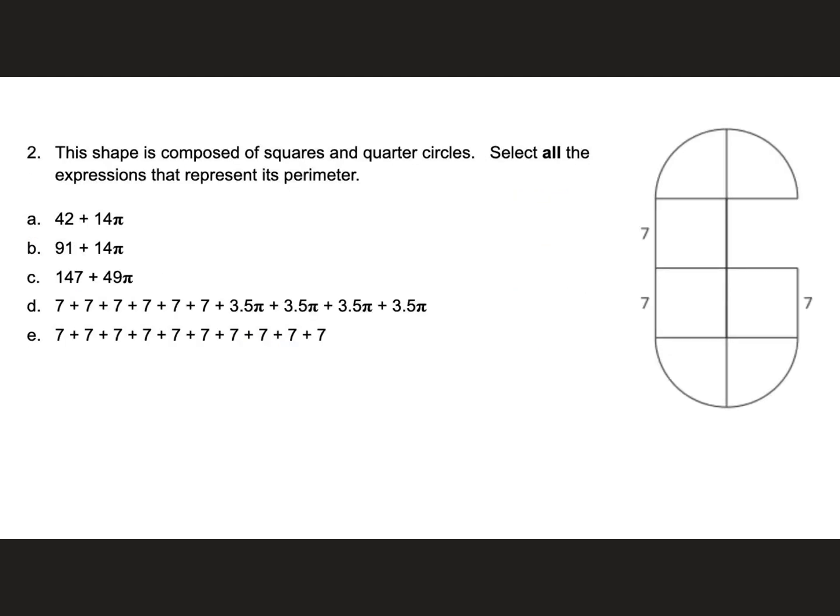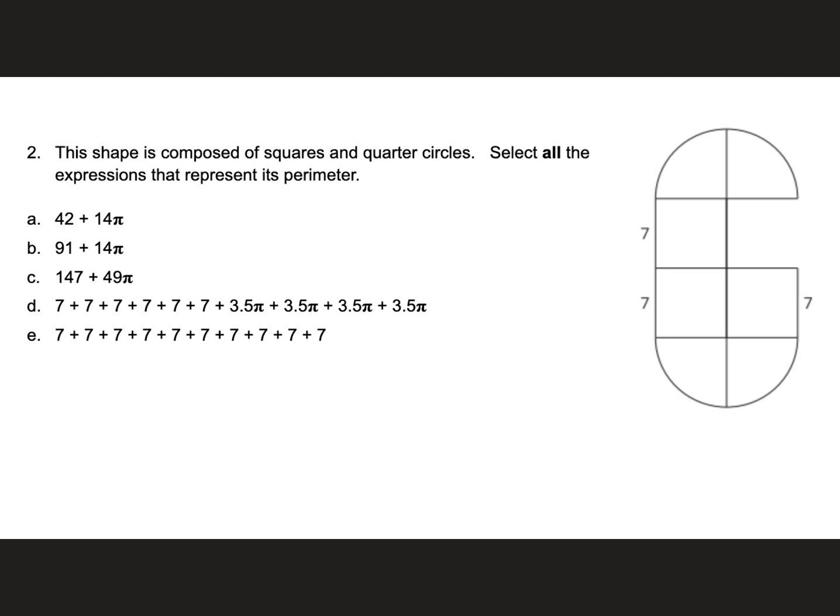All right, this question 2 is we're looking at something called a compound shape, which is like shapes put together, different shapes that are added together. And this shape is made up of squares and quarter circles. Select all the expressions that represent its perimeter. I'm going to start off with just the squares.